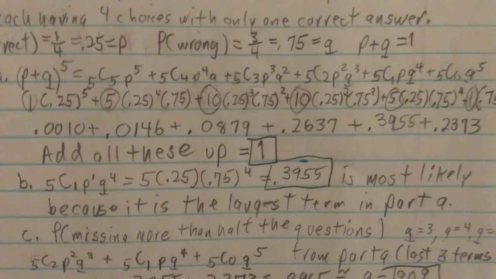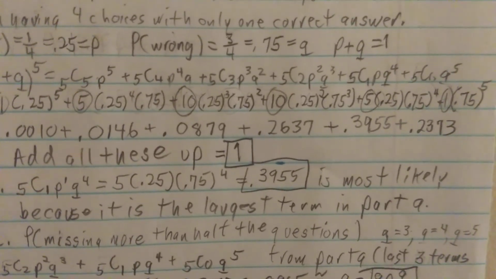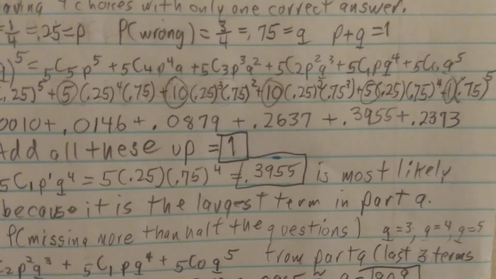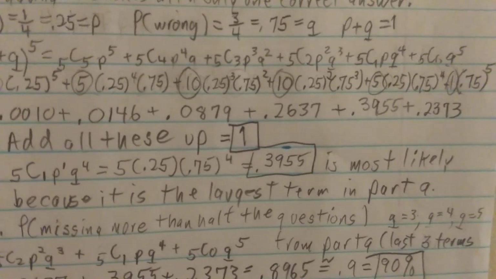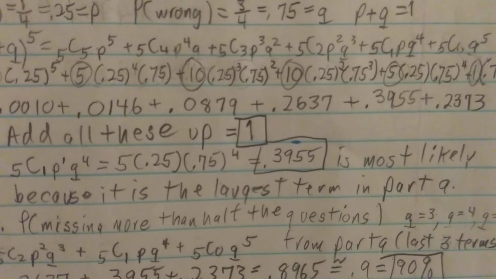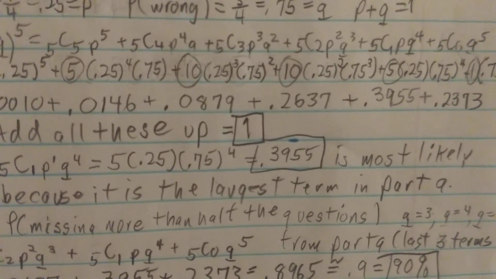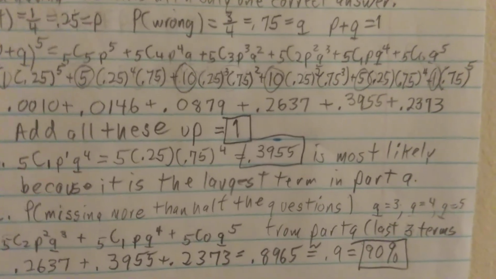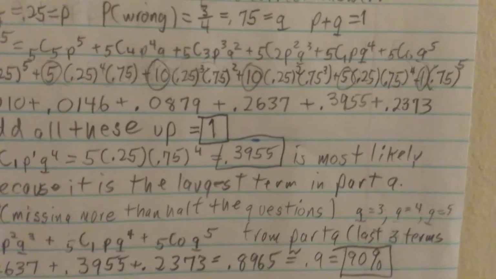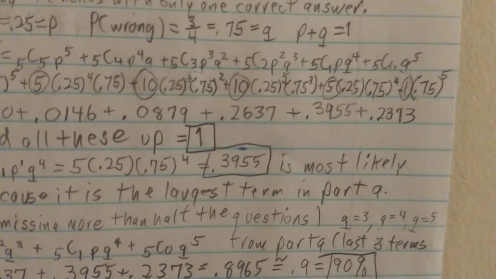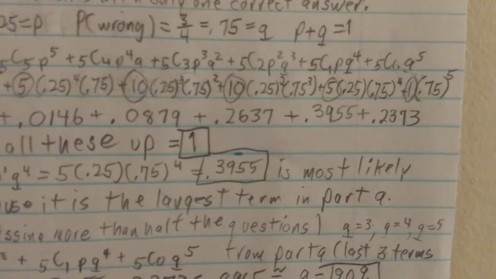Now 5c4 is 5, times p to the fourth, 0.25 to the fourth, times 0.75 for q, and that all multiplies out to 0.0146. And then the third term, 5c3, is 10 times 0.25 to the third power times 0.75 to the second power, which comes out to 0.0879.